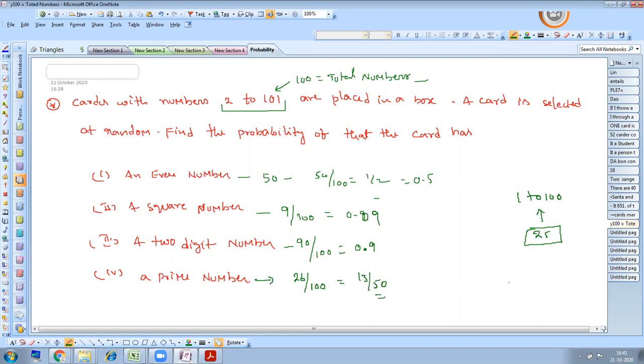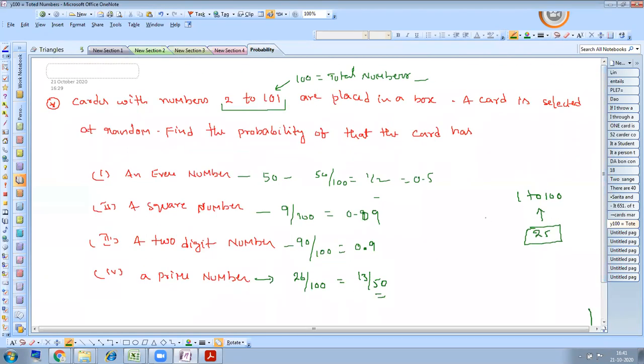If you want, I will write the prime numbers between 2 to 101.